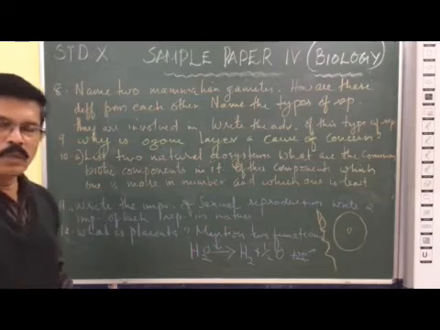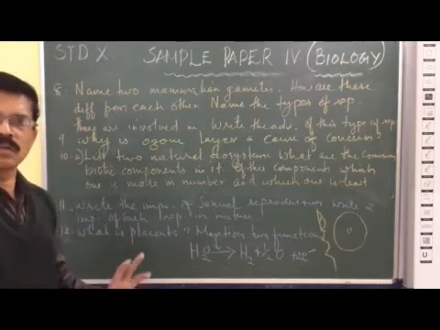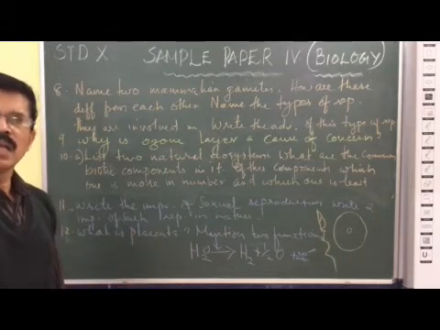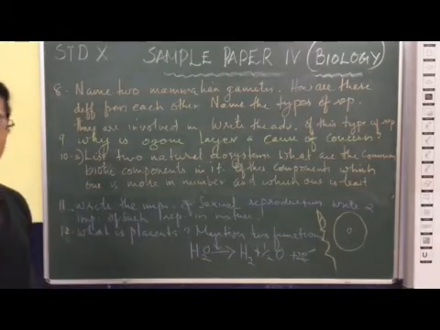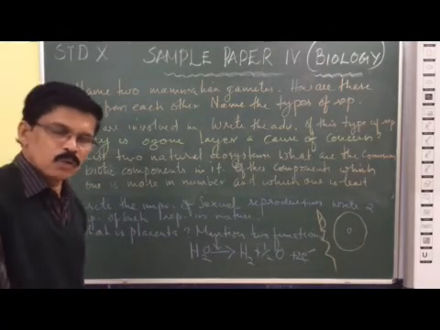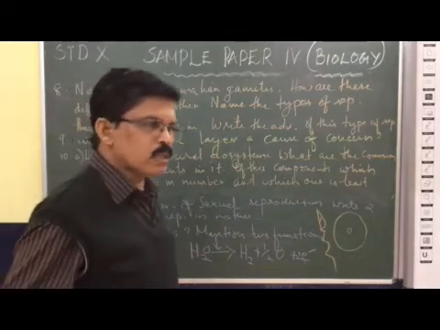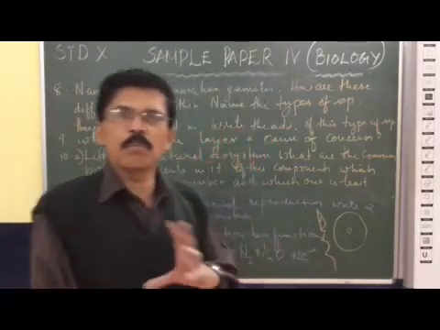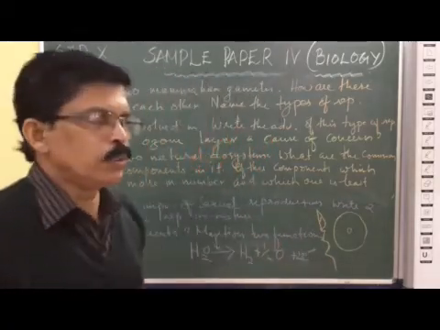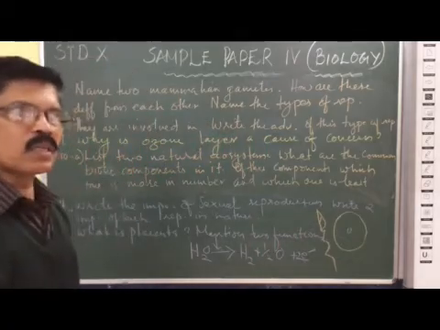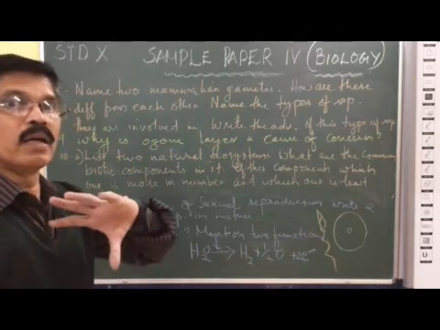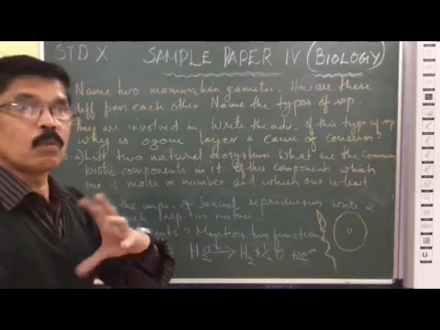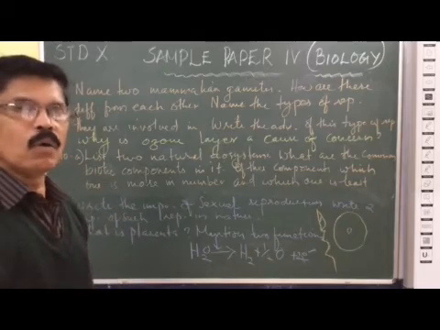And not only that, during fertilization of the male and female gamete, the correct number of chromosomes is maintained in the organism. So sexual reproduction maintains chromosomal similarity and re-establishes the chromosome number in all organisms.